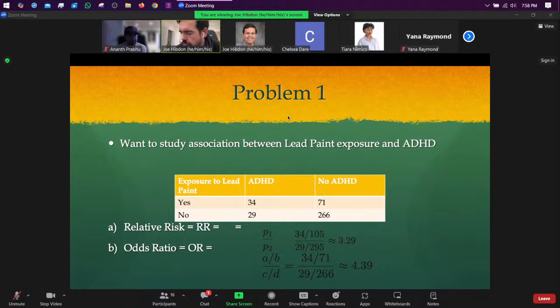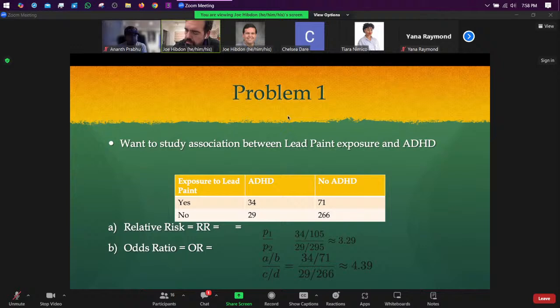Notice it should be exposure to lead. It is 3.29 higher. And that's huge. Already there, that number should scare you.